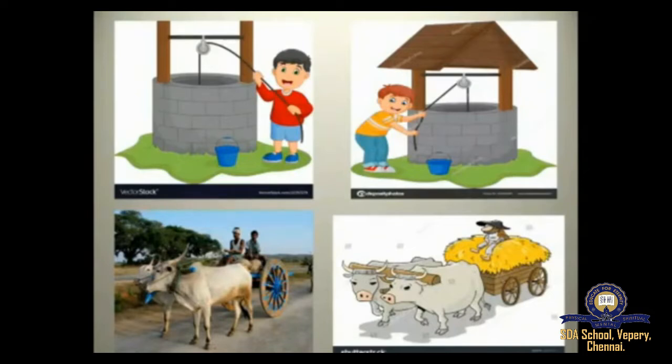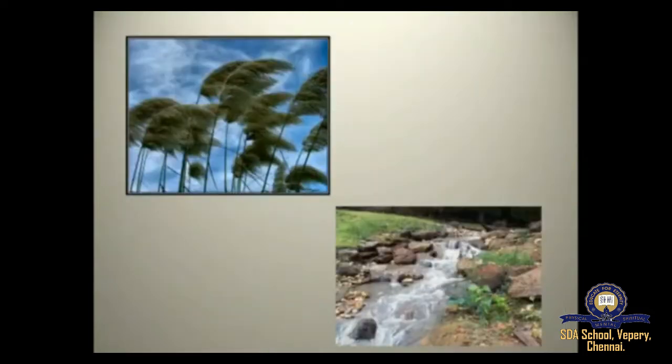Okay, and next, sometimes we see tall grass in the meadow dancing in the wind, and a piece of wood moving down a stream. So what pushes or pulls them? We know that the blowing wind and flowing water is the cause. Sometimes the push or pull can also be due to an inanimate agency. So what is an inanimate agency?